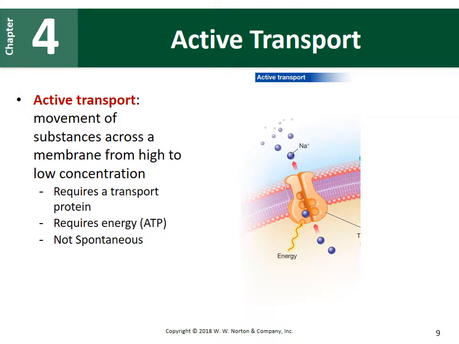The first type of transport is called active transport, and this is movement of a substance across a membrane. And I'm going to cross this out because this is wrong. So this is when we're going to move substances across a membrane from low concentration, so where that substance is less common, to high concentration, where the substance is more common.